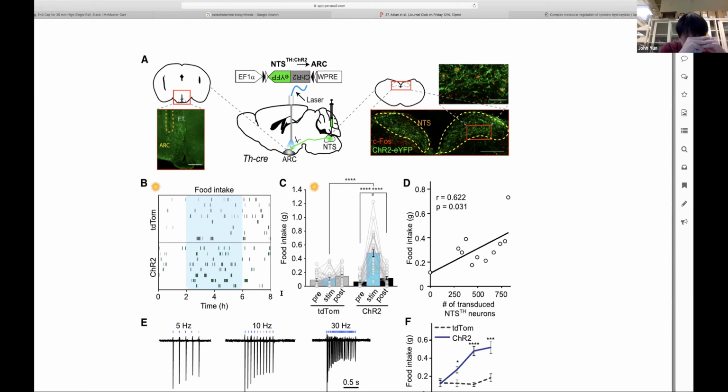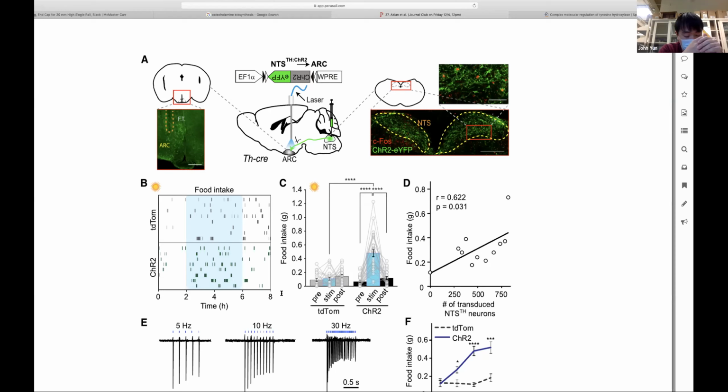So for figure 2, they wanted to do optogenetics with the projection of the TH expressing neurons from the NTS. Figure A is the schematic of the experiment. In figures B and C, they noticed that activating these TH neurons leads to an increase in food consumption, and the amount of activation affects the amount of food consumption.